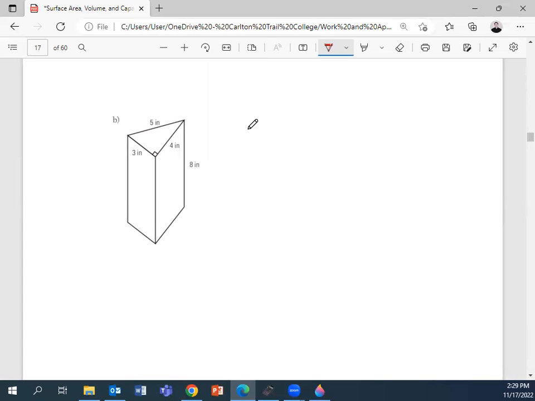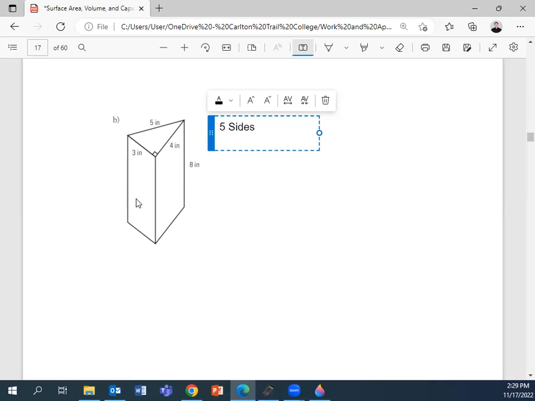So again, always start off really simple. How many sides do I have? 5 sides, right? What are they? The front, the back, the top, the bottom, and the invisible side. Well, if I say this is the front, there is really no back, right? It's a triangle.